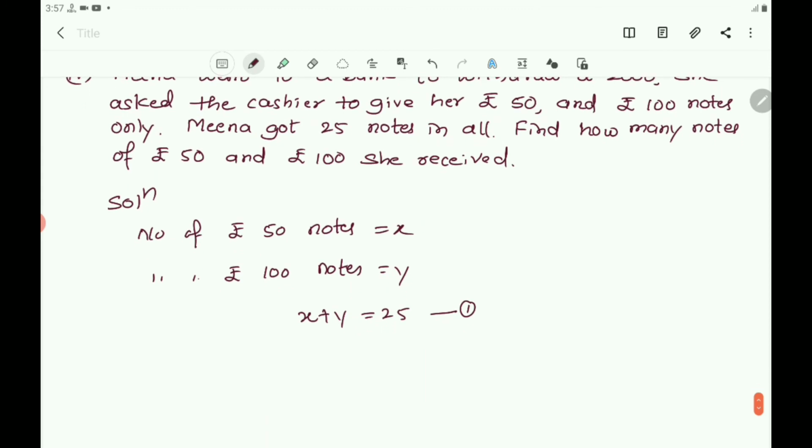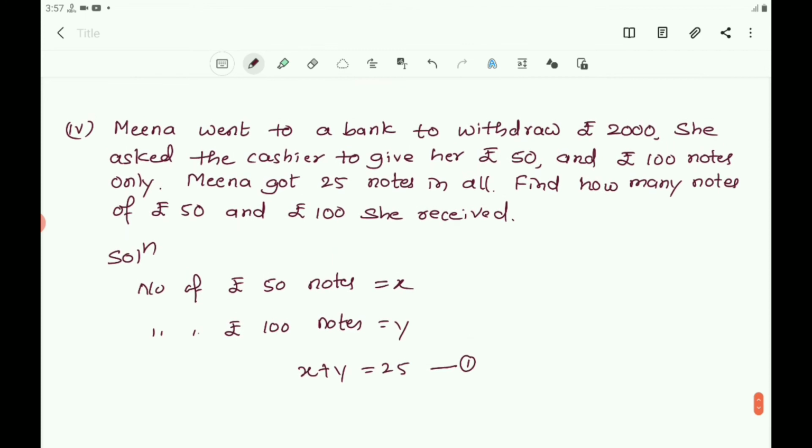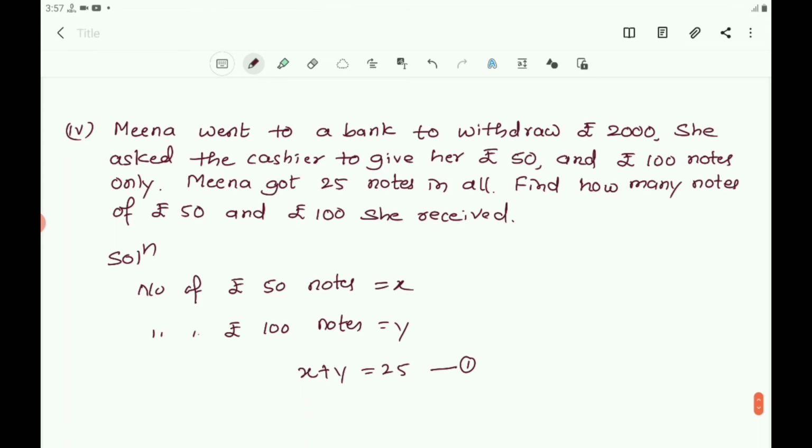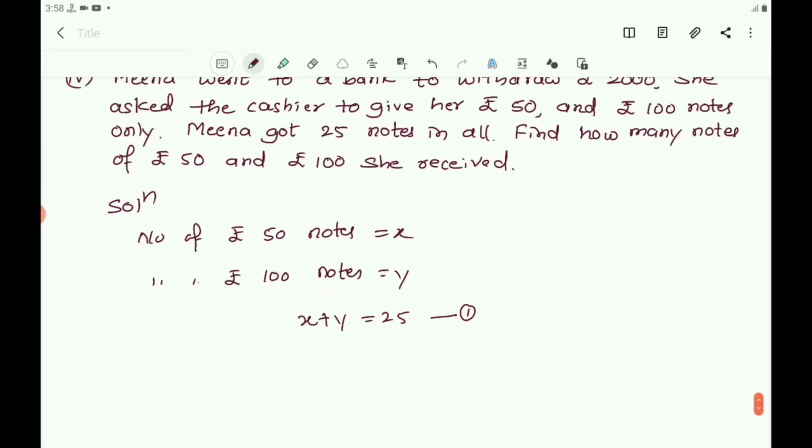Then you take the second equation, that is what they have taken here. She asked the cashier to give rupees 50 and rupees 100. Now she withdrew rupees 2000. Total amount withdrawn by her is rupees 2000.